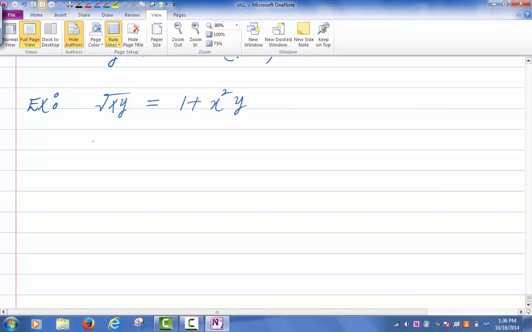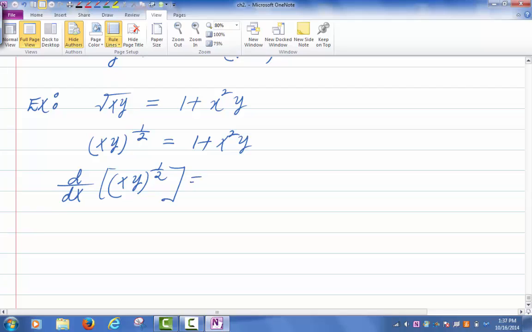Well, first of all, the left hand side simply is (xy) to the half, and then we take the derivative of both sides with respect to x.